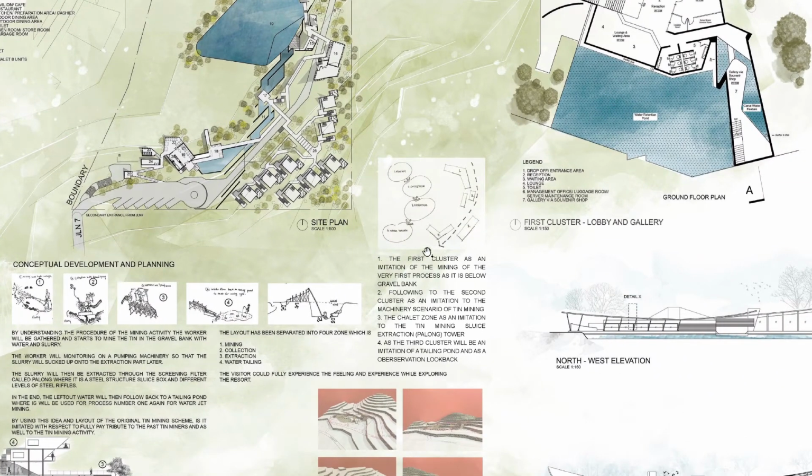The first cluster is an imitation of the very first stage of tin mining, below the gravel bank, followed by the second cluster as an imitation of the machinery scenario of tin mining. The third is the chalet zone, an imitation of the extraction palong tower, and the final cluster is an imitation of the tailing pond, serving as an observation look back.